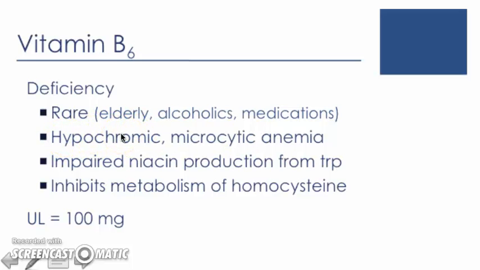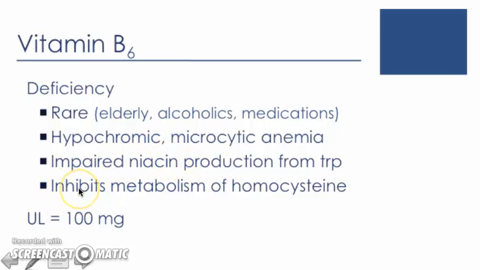With vitamin B6 deficiency, we see also impaired niacin production from tryptophan. So the steps of reactions converting tryptophan to niacin involves vitamin B6 in the form of PLP. So with vitamin B6 deficiency, of course, you'll have lower conversion of tryptophan to niacin, potentially affecting niacin status.